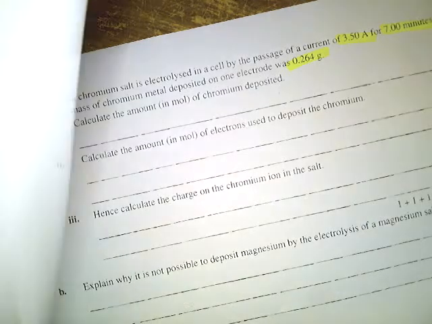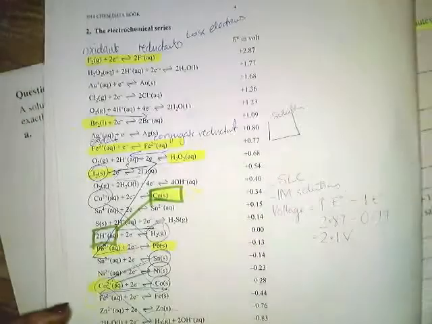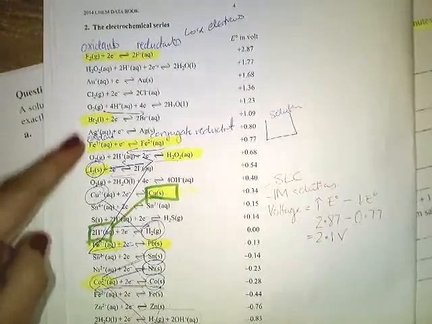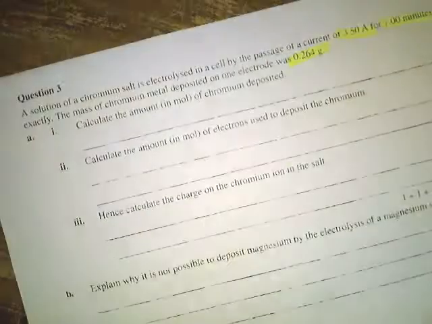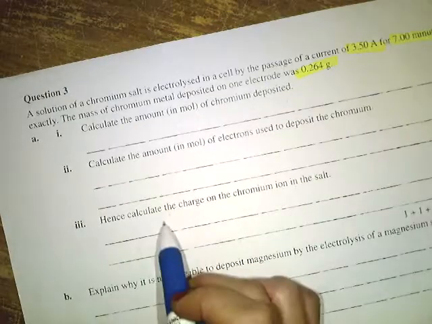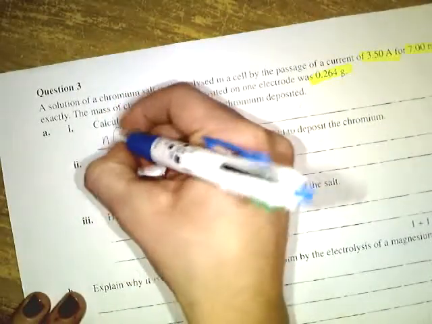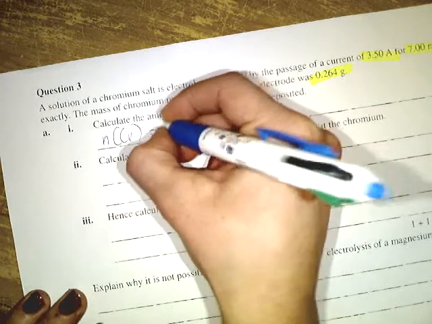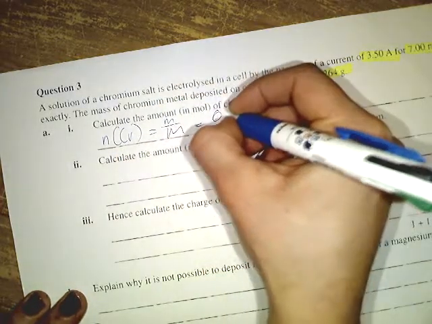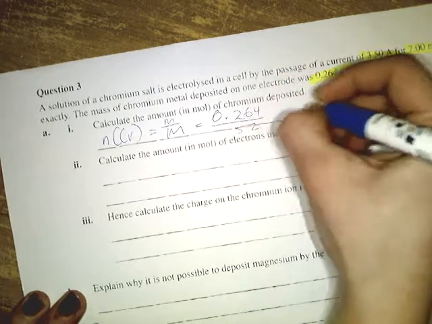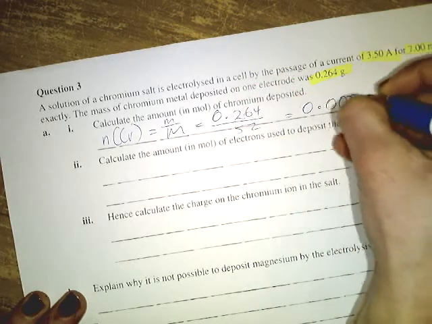If you look at the chromium reaction, does it even have chromium on there? No? Oh, it's asking you to calculate the charge. Sorry about that. So calculate the amount in mole of chromium deposited. Moles of chromium equals mass over molar mass equals 0.264 grams over 52, 0.005 mole.